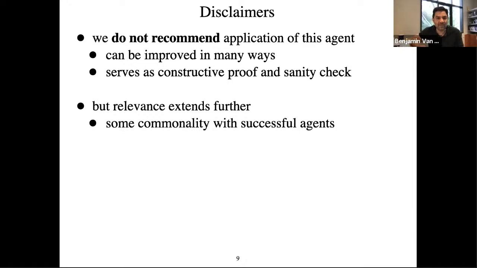So the interesting thing is this agent actually shares some of those common characteristics. It's not purely a constructive proof that's completely different from what more practical agents use in terms of algorithms right now.